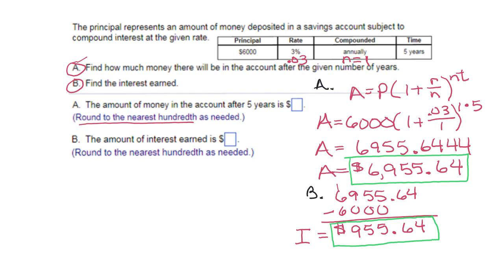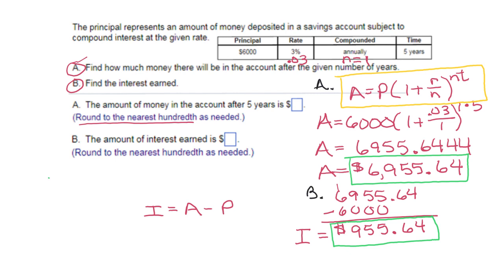So let me write this over to the side here. I is equal to future value minus the principal. There is another formula that you can use, knowing that we have A is equal to the principal times (1 + r/n) raised to the nt. If you know that n is 1, we could also use the following formula for the future value.